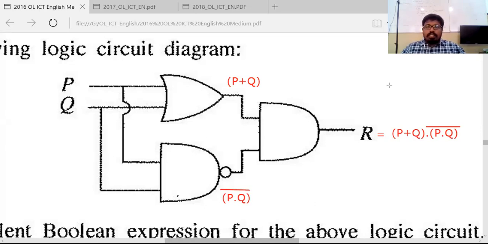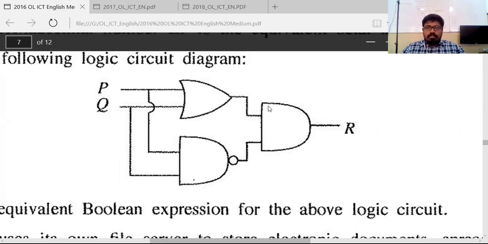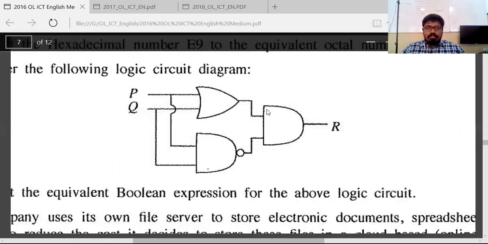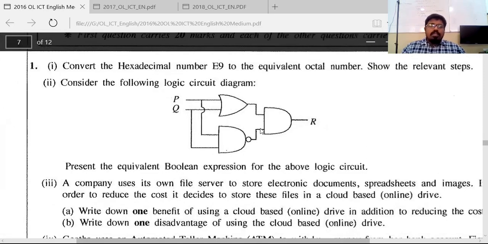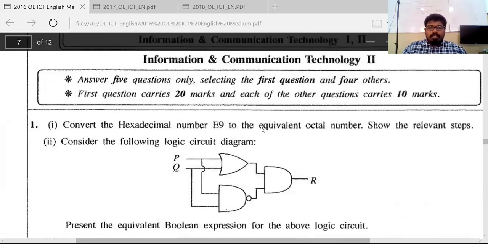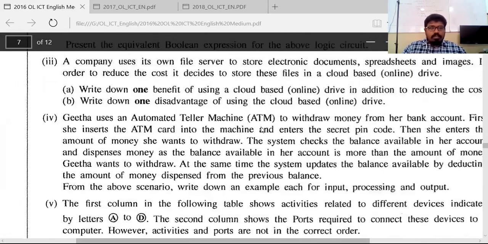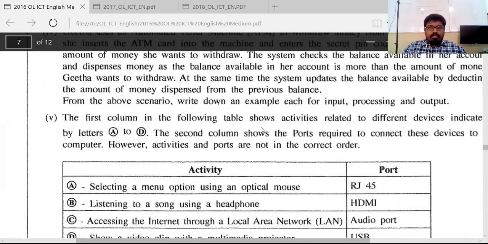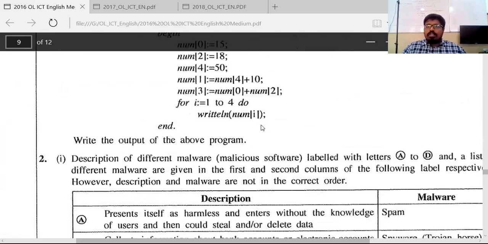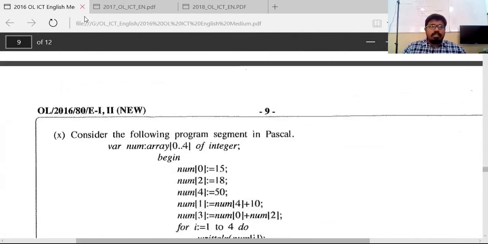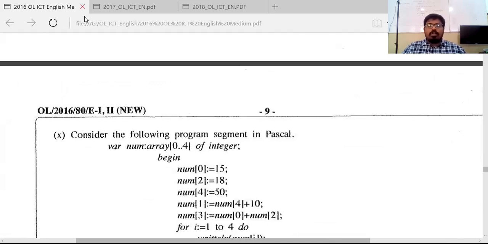So that's the end of that question. In 2016 paper, there's no more questions, I think. So that's the end of 2016 paper. So 2 marks in part 2, 2 marks in part 1, altogether 4 marks, right?